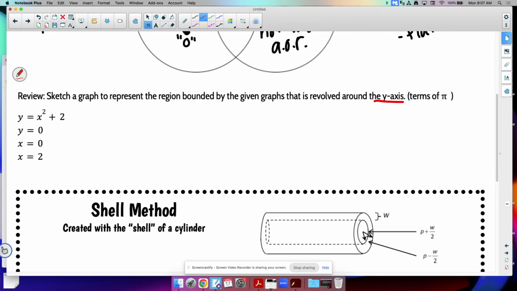We're going to leave our answer in terms of pi. The graphs are y equals x squared plus 2, y equals 0, x equals 0, and the line x equals 2. So what region are we looking at?